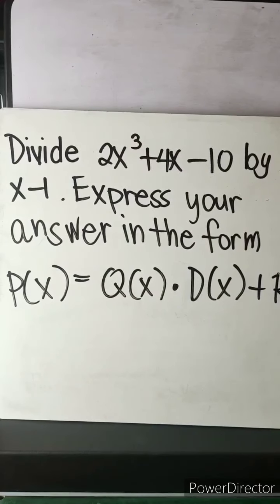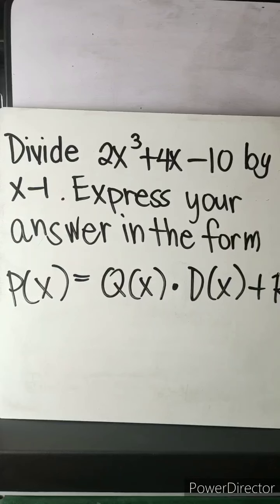This is now the division, still a division of polynomial, but this time, we will be dividing a polynomial by a binomial. So, divide 2x cubed plus 4x minus 10 by x minus 1.